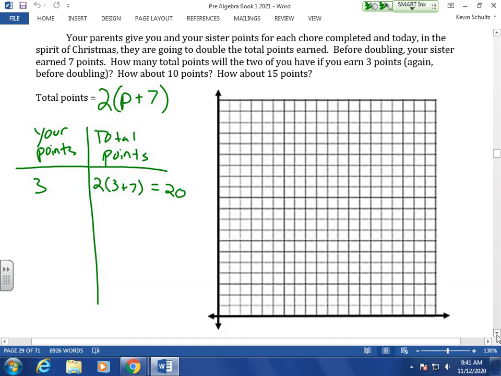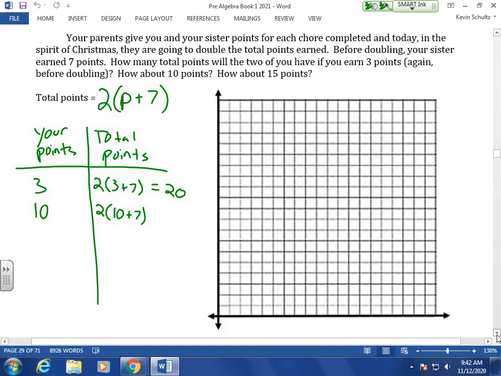How about if you earn 10 points? How many total points will there be? This time, instead of 3 plus 7, now we have 10 plus 7. Everything else stays the same. Your sister earned 7 points. That's not going to change. Your point totals are being doubled. That's not going to change. What changed is how many points that you earned.